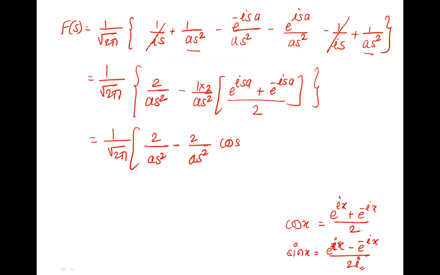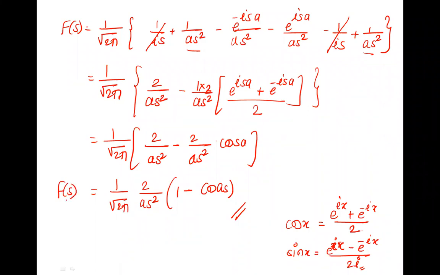Cos sa, correct. e raised to ix is cos x, here x is a s. Once again, 2 upon a square is common, you'll take it out. So 2 upon a square into, here it is 1 minus cos sa. Done, the answer. Required Fourier transform.